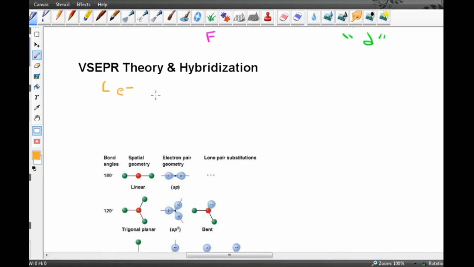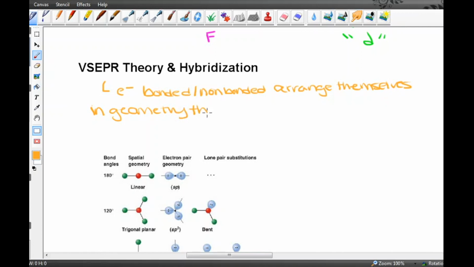So electrons, both bonded and non-bonded, will arrange themselves in a geometry that minimizes repulsions.